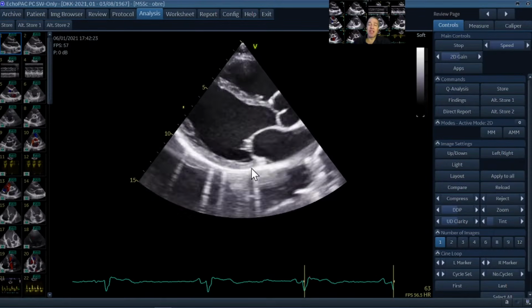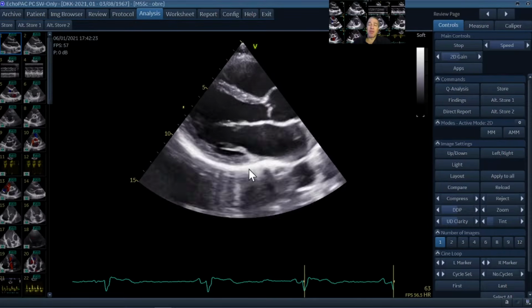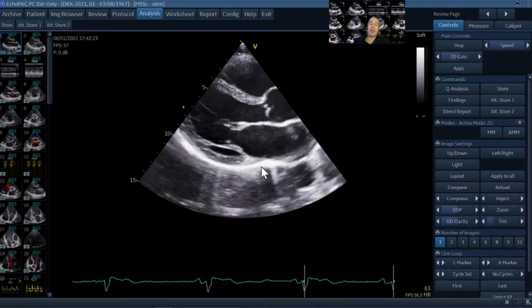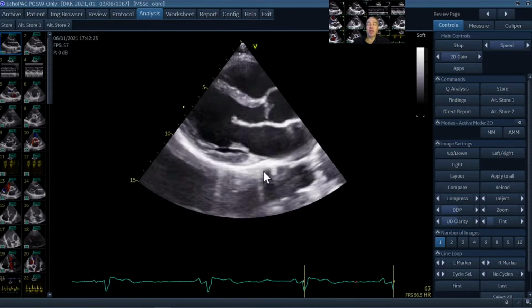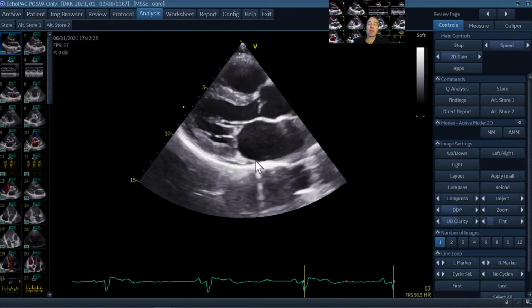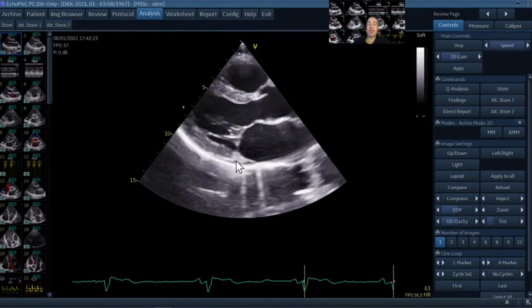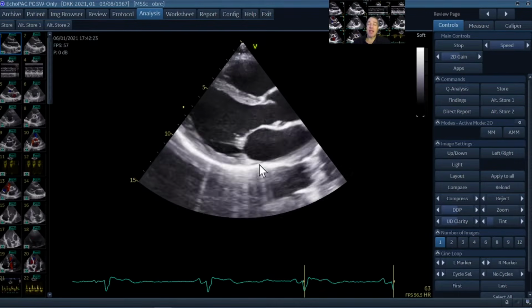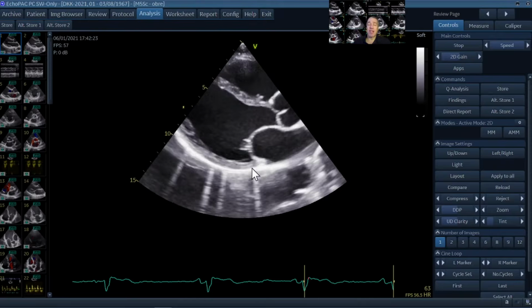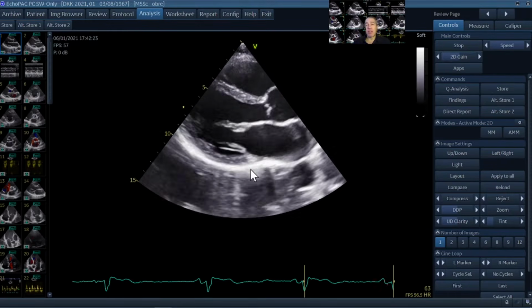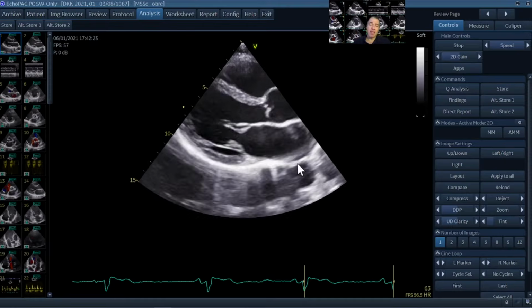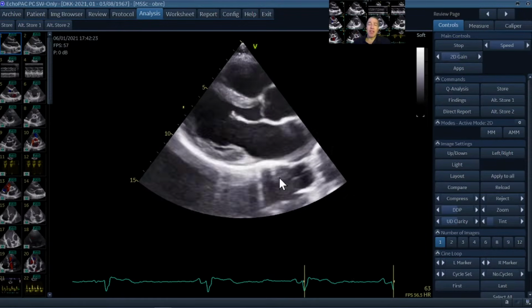Sometimes you see another quite large appearing structure which looks like a vessel here in between the left atrium and the left ventricular cavity. That can be an enlarged coronary sinus, but that is a special pathology. So there should be only the descending aorta visible here.